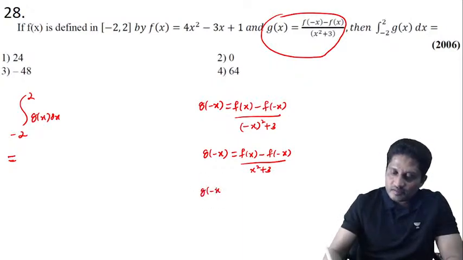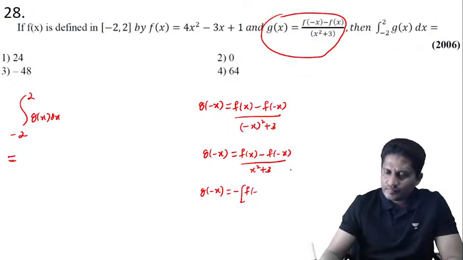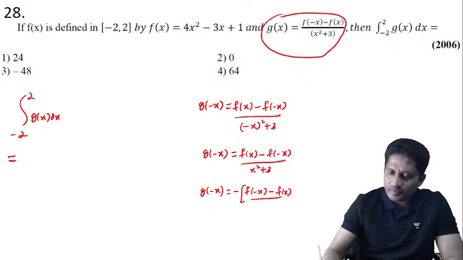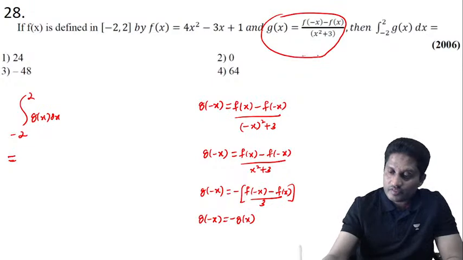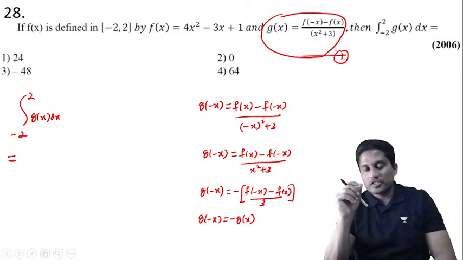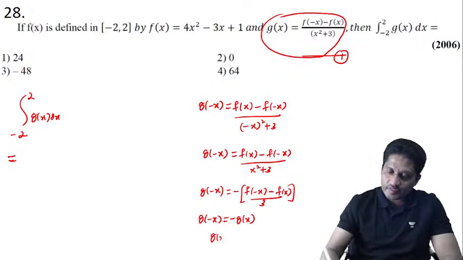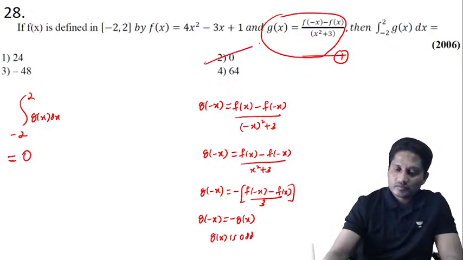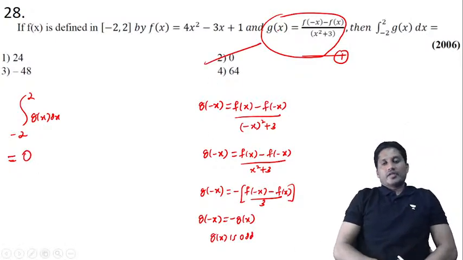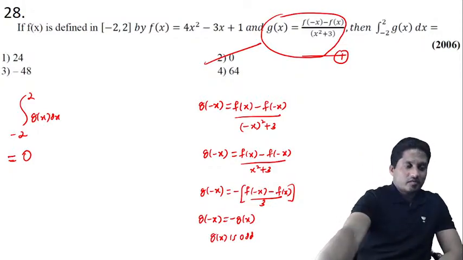Take minus common: this is f of minus x minus f of x, the whole divided by x square plus 3. G of minus x is equal to minus g of x, from equation 1, this is same as g of x. G of minus x is equal to minus g of x means g of x is odd, right? This fellow is odd. Answer should be 0. Just check whether it is even or odd, guys. It's an odd function, so obviously it is 0.